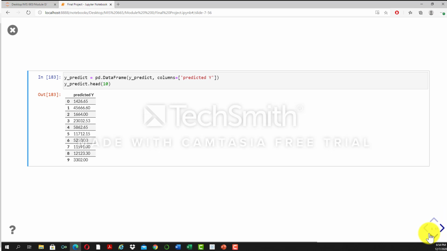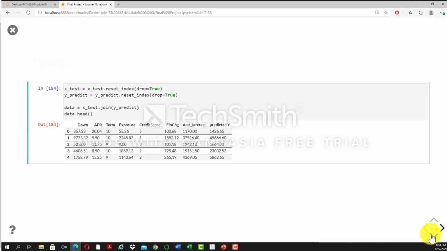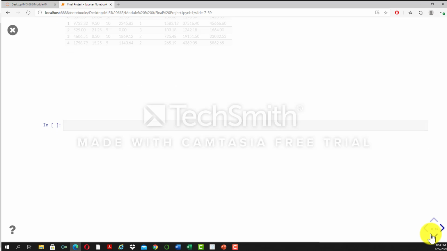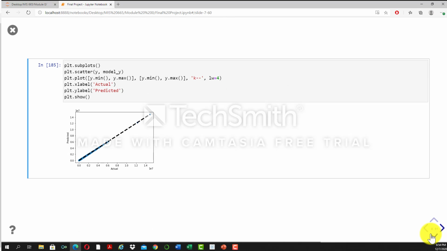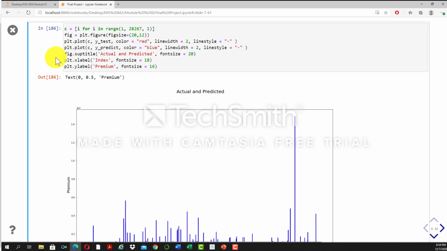Then we do a deployment, then we attach it to our data frame. Then we have our visualization for our regression, and this is the actual. I can see it properly here because I don't have the full screen.